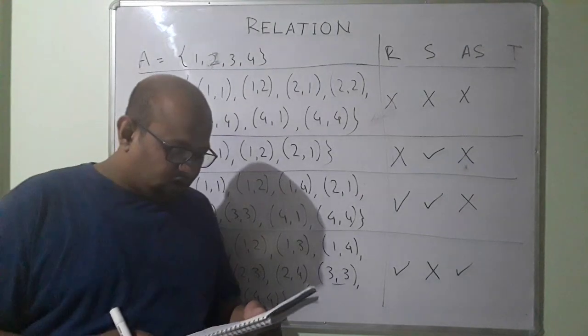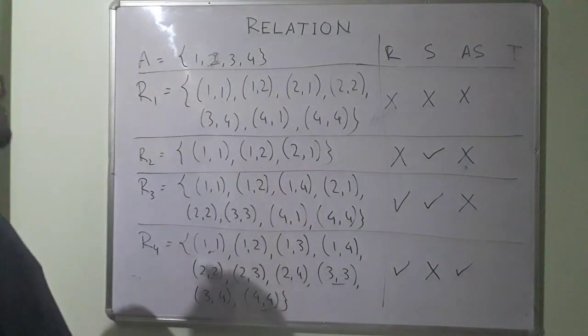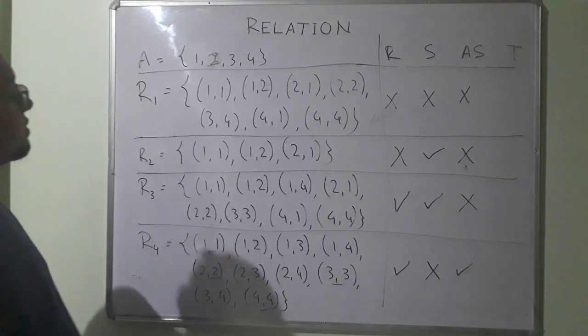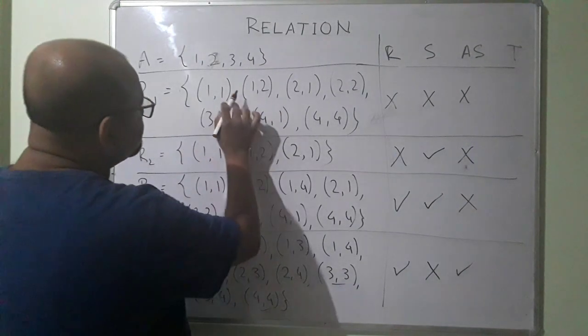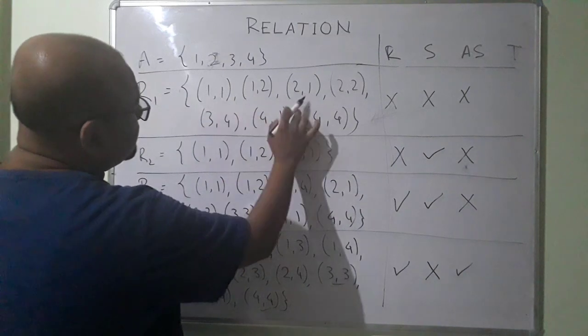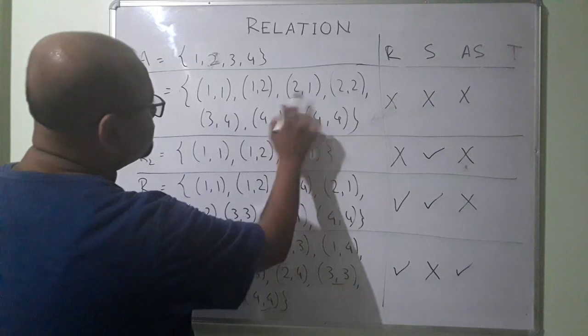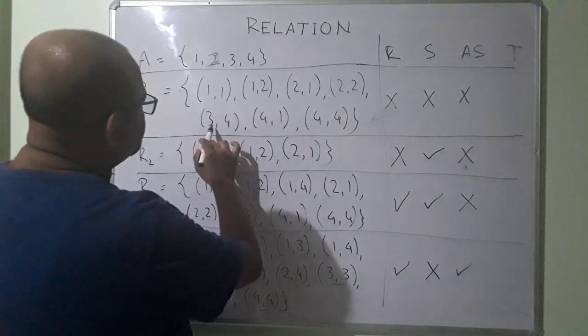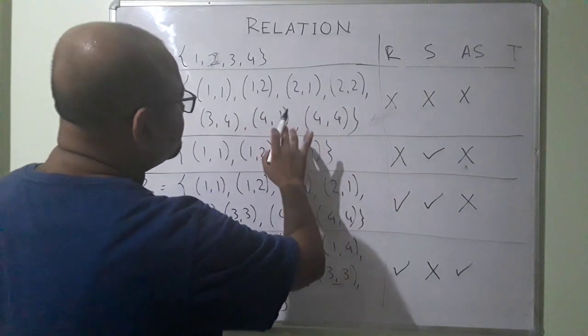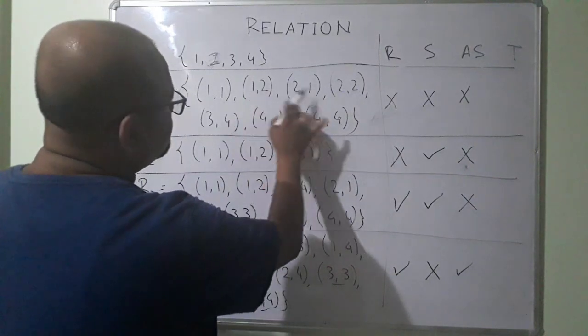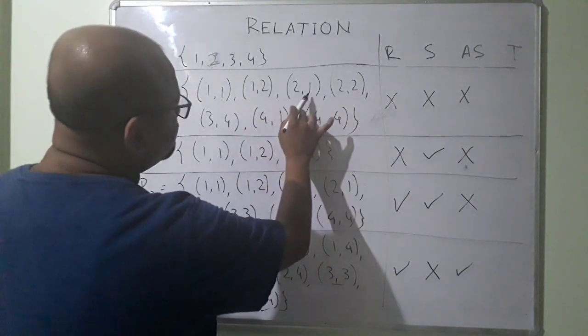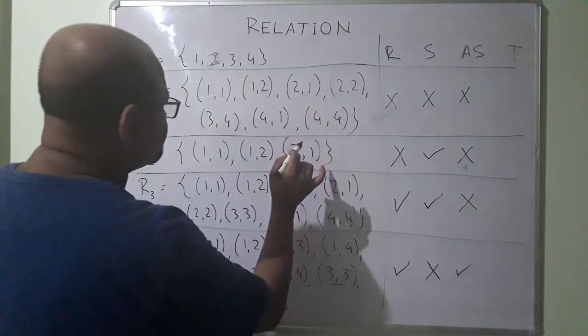Okay, let us now see whether all of these are transitive. 1 1 is there, 1 2 is there, so 1 2 is there. 1 1, 2 1, 1 1 is there. 1 1, 2 2, 1 2 is there. 1 2, 2 2, 1 2 is there. 2 1, 1 1, 2 1 is there.